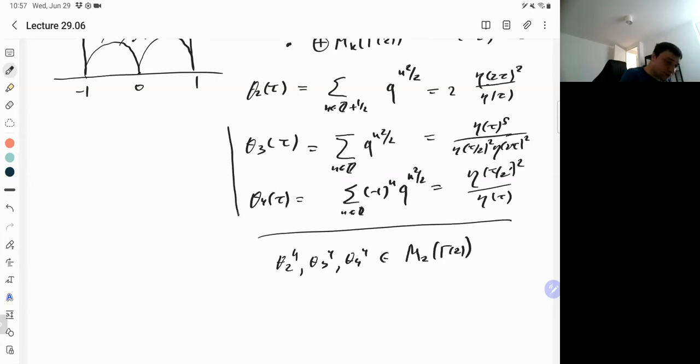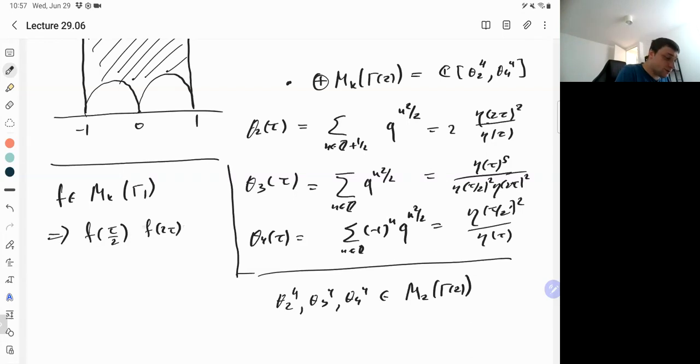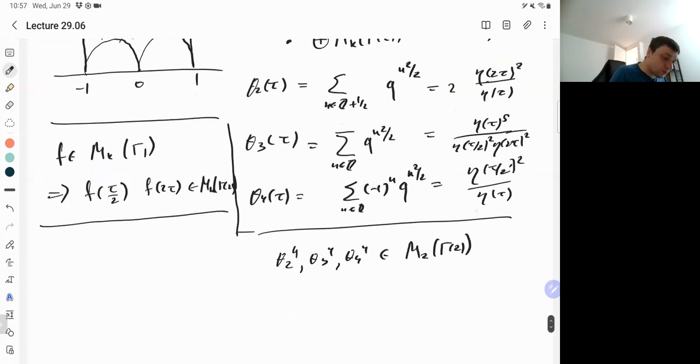Maybe just a small comment, I forgot to mention. If you have a modular form for gamma 1, there's a cheap way of producing modular forms for gamma 2: you rescale the variable. If you take tau over 2 or 2 tau, these are modular forms for gamma 2. This is again a small exercise, but very easy to do.